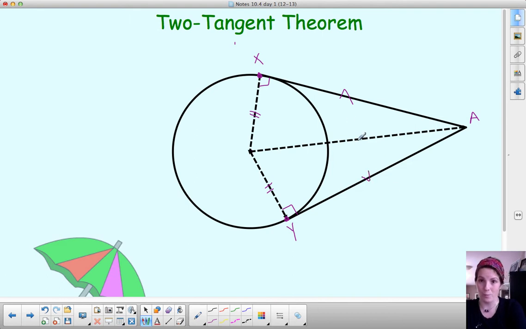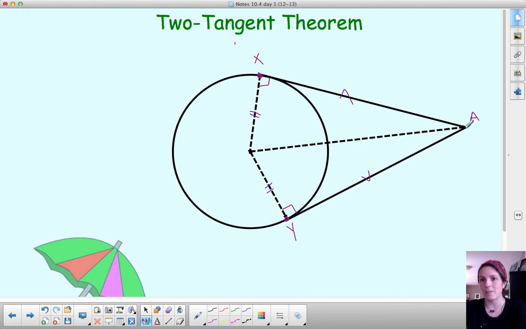The two-tangent theorem is the one that's going to allow us to do that without doing congruent triangles. The two-tangent theorem says that if I have two lines that are tangent to a circle from the same point, then those two lines are congruent. You're not going to have to write it. You're going to have to be able to look at it and know it. I'll say it again.